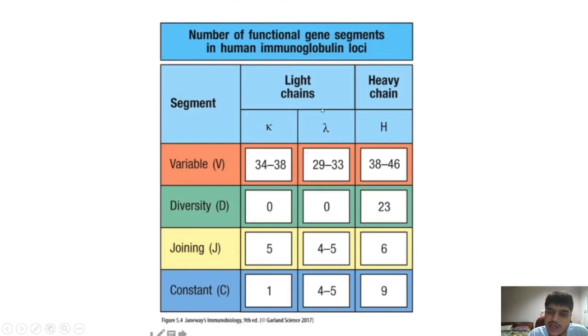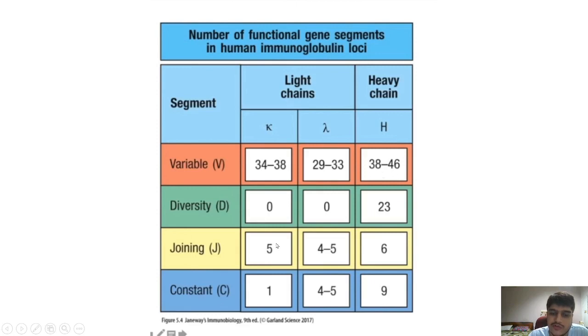I told you the light chain will have VJ recombination, and the heavy chain will have VDJ recombination. So for the VJ recombination, you take any one of these V segments and recombine with any one of these J segments.